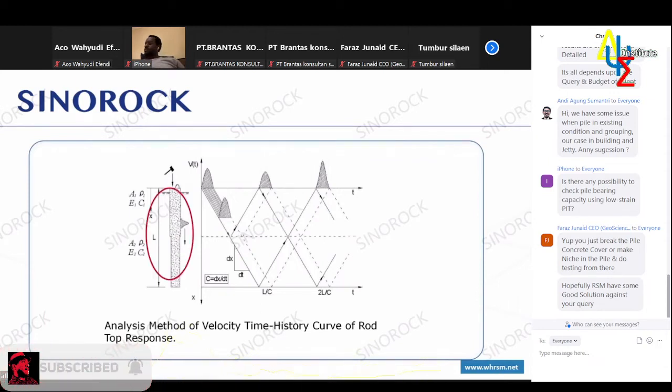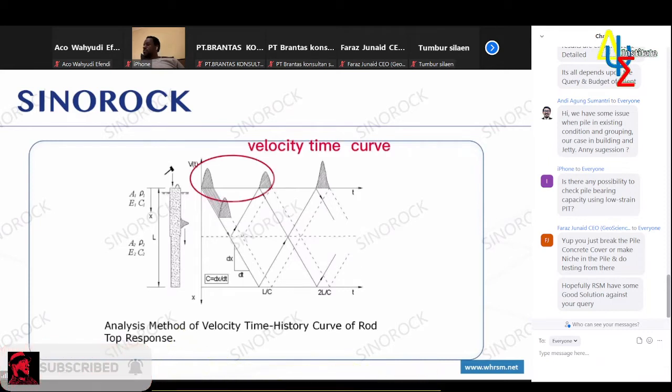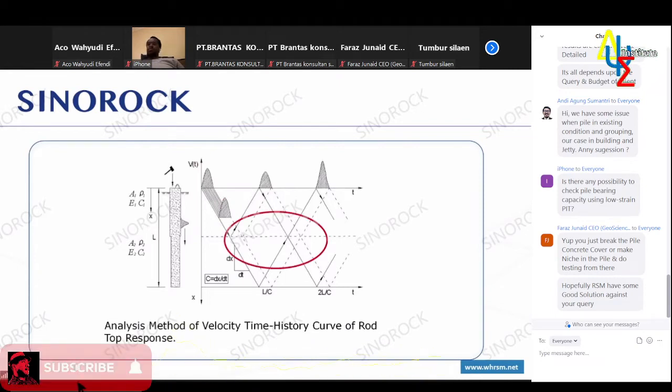On the left is a rod and the process of stress wave propagation in the rod, including the expression of the difference between the upper impedance and the lower impedance. The upper part on the right is a velocity time history response curve, and the lower part is the path diagram of stress wave propagation.